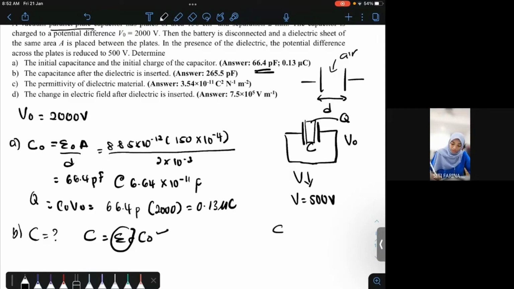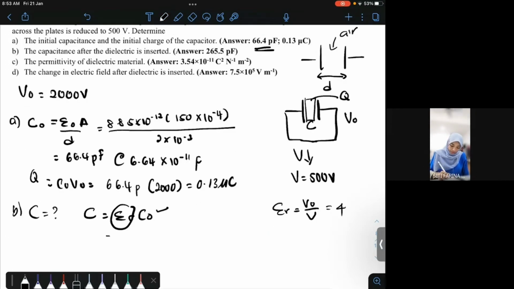Okay, epsilon R dia ada banyak equation, iaitu V0 over V ataupun C over C0, E0 over E dan juga Q over Q0, something like that. Kita ada 4 dekat situ. Alright. Since kalau kamu tengok V0 diberi, V pun diberi, boleh cari epsilon R. 2000 bahagi 500 dapat 4.